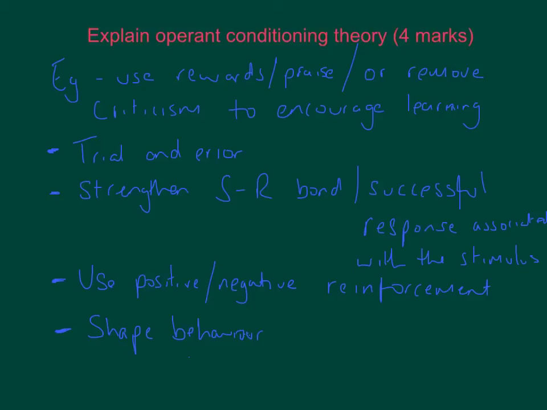So the action that's closer to the desired action we would reinforce or reward, and if it's further from the desired action you would use negative reinforcement. So correct, we would reward or positive, and if it's incorrect we would use negative reinforcement or criticise.